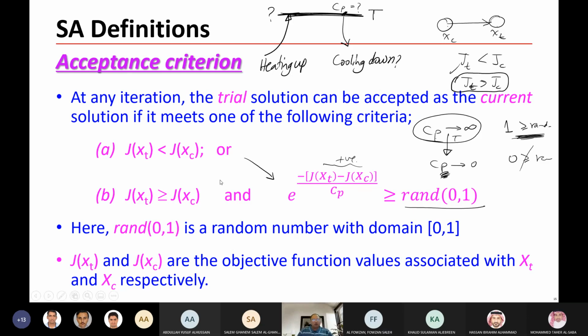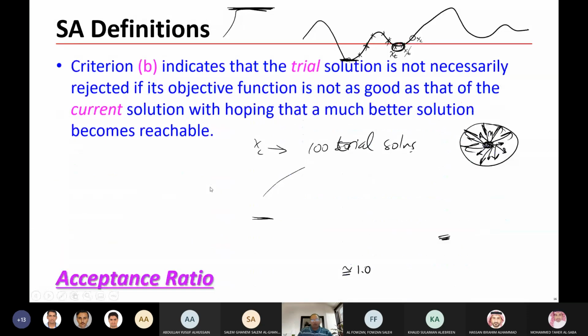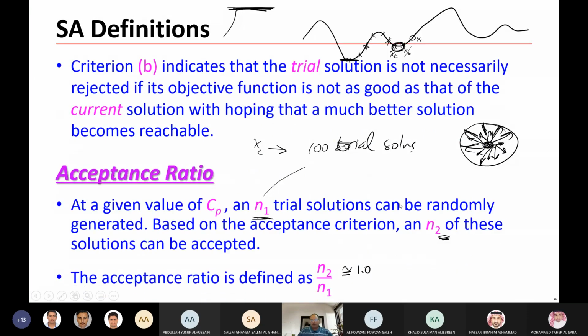Okay, clear. So with this acceptance criteria, you can count how many solutions will be accepted. And if this acceptance ratio is almost 1, that means you have heated it up until you reach the melting point, very high temperature, because the acceptance ratio at very high temperature will be almost 1.